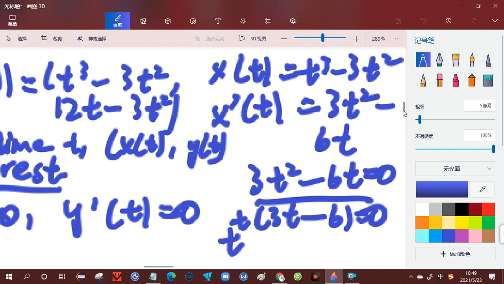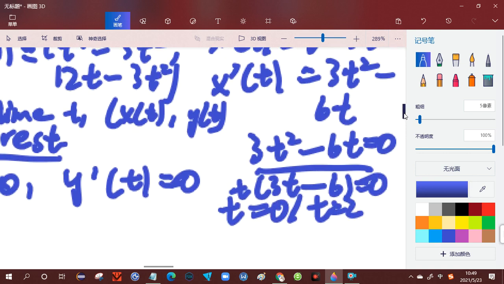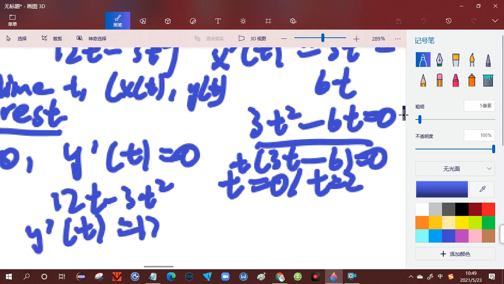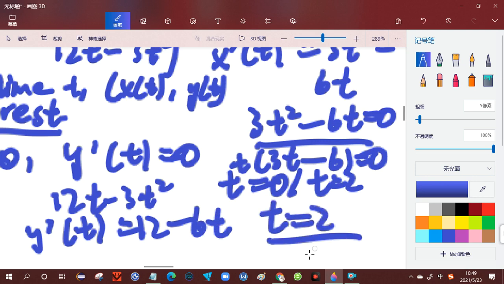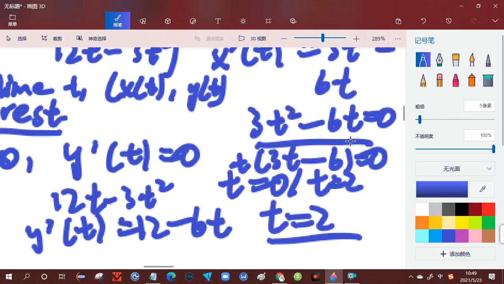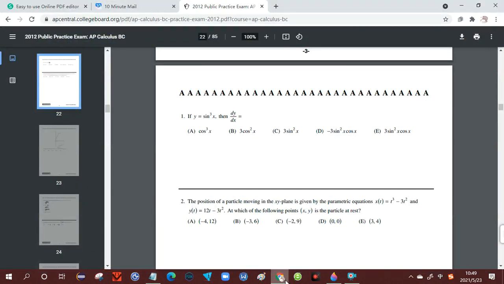Therefore, the two possible solutions are t equals 0 and t equals 2. Now let's look at y(t), which is 12t minus 3t squared. The derivative is 12 minus 6t, and the only solution is t equals 2. So the only possible solution is t equals 2.